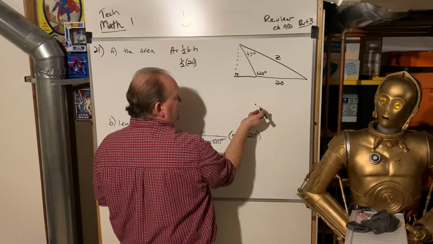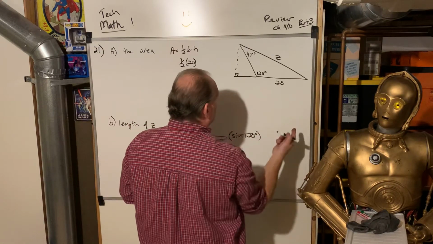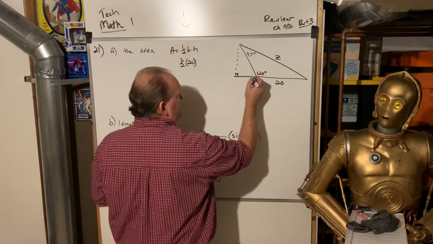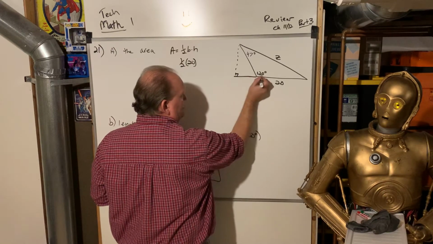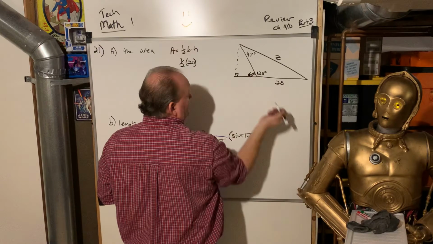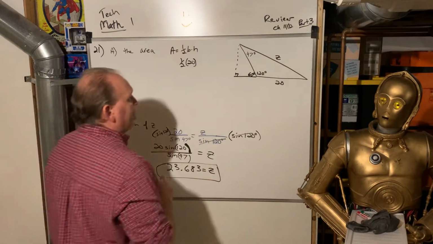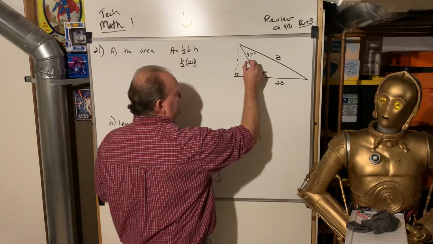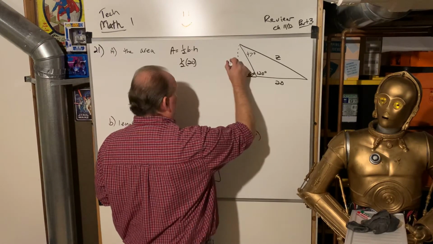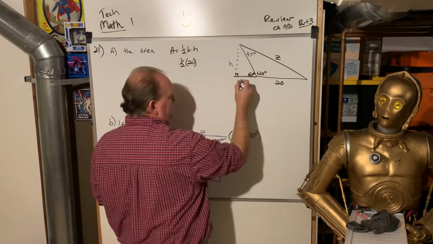That's not given. So what I'm going to have to do is, I know this is a straight line, so that's 120, so this is 60. So I got that going for me. I'm going to need to find this side, and then eventually I'll find the height of the triangle.